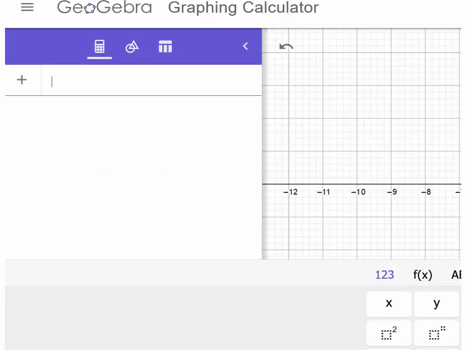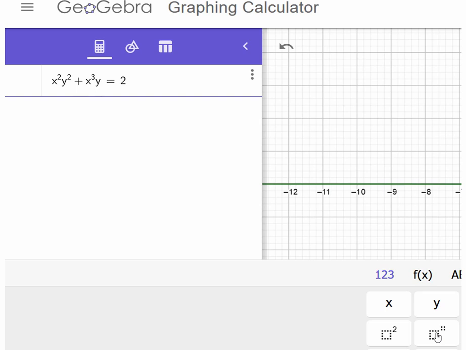Now we should go ahead and look at the graph of this equation by using our GeoGebra graphing calculator. So here we have x squared times y squared, plus x cubed times simply y equals 2.